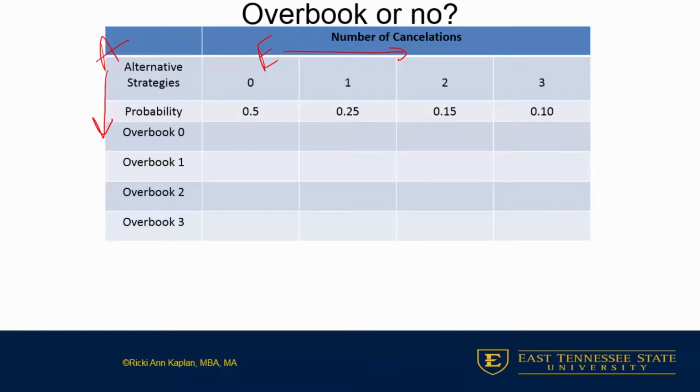The probability of having 0 cancellations is 0.5 or 50%. 1 cancellation is 0.25 or 25%, 0.15 for 2 cancellations or 15%, and a 10% or 0.10 for 3 cancellations.